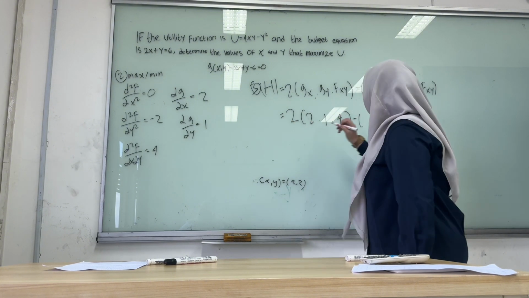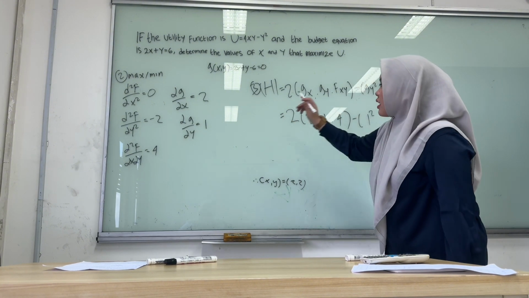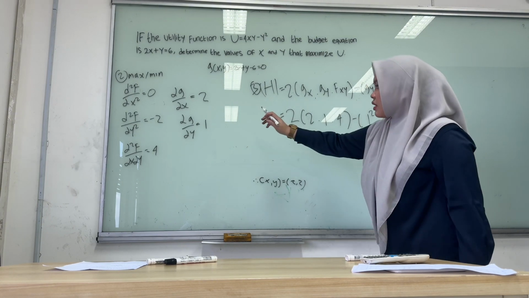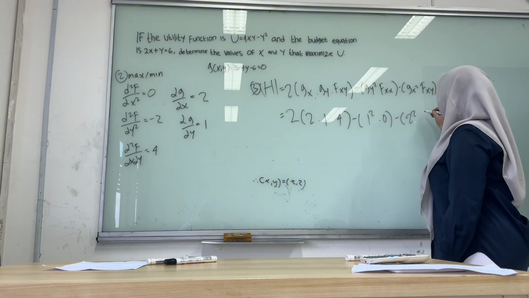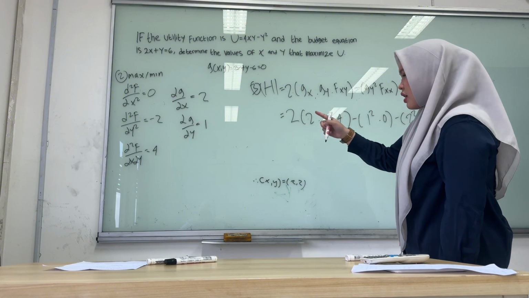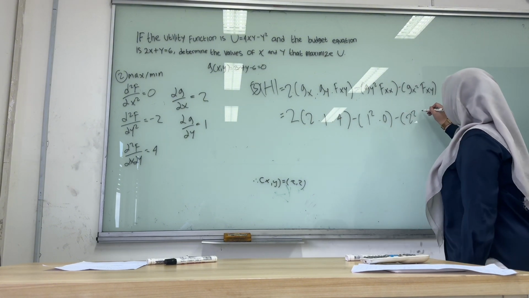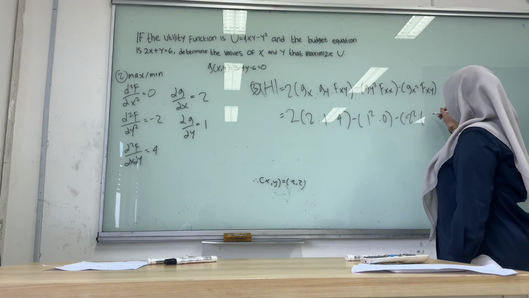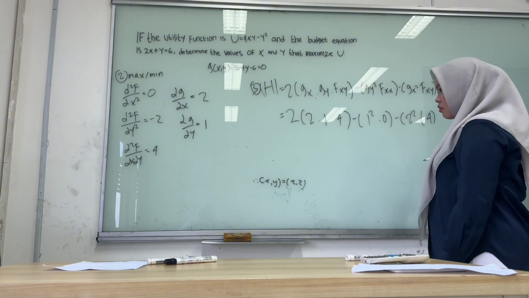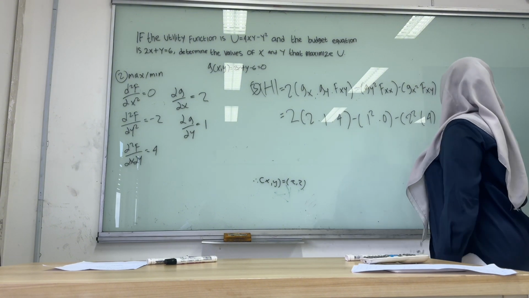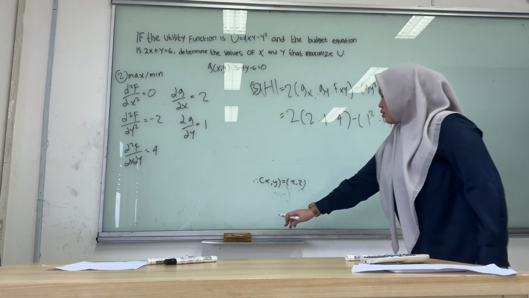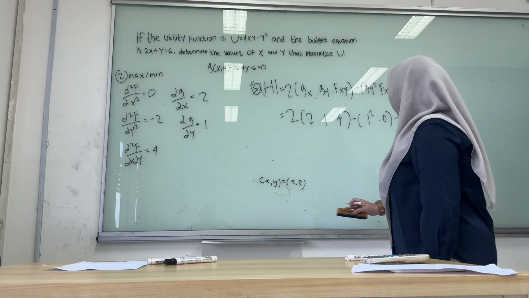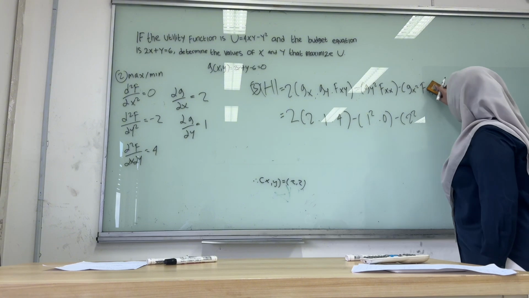Gy quadrat is 1 quadrat, fxx is 0, gx quadrat 2 quadrat, fxy is 4. Sorry, I mean fyy.